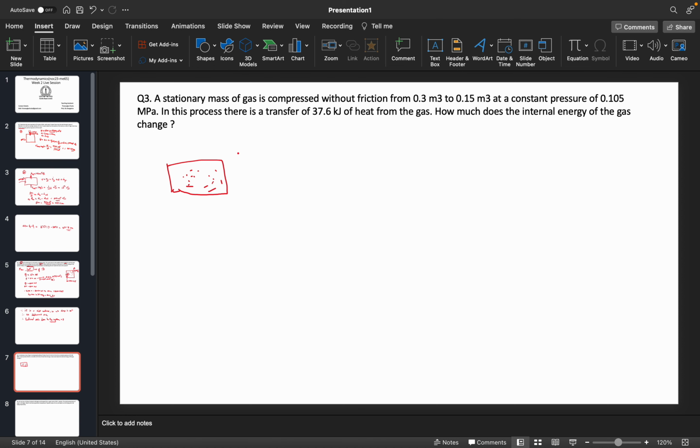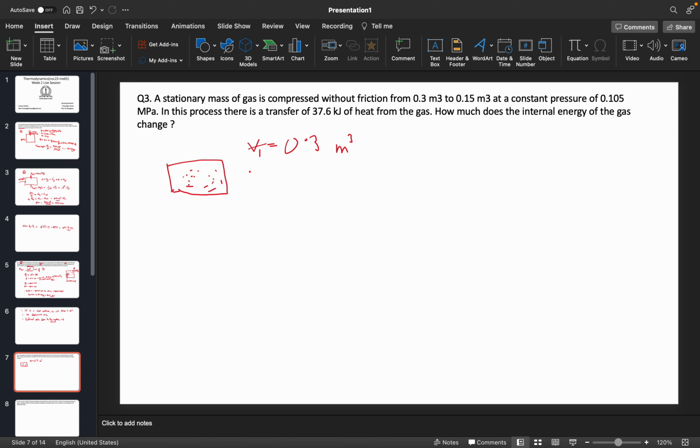Its initial volume V1 was 0.3 meter cube. Now by some means, it can be by any means, it is not saying that I'm doing it by piston work or by my hand or by blowing something.